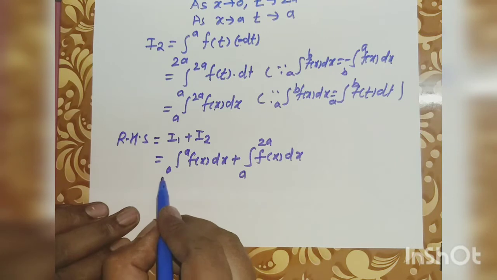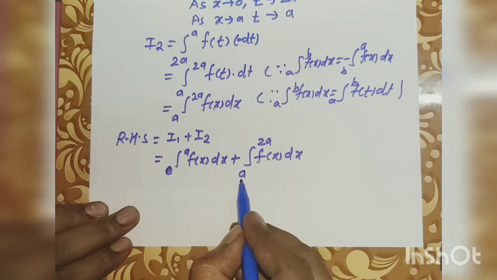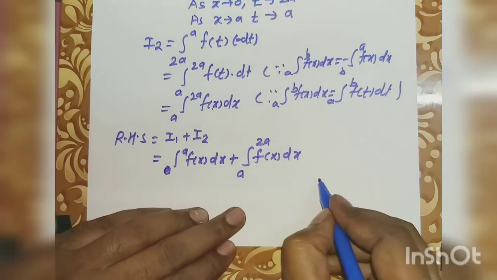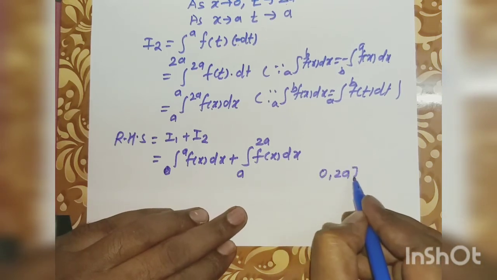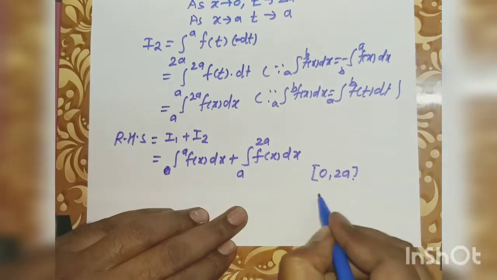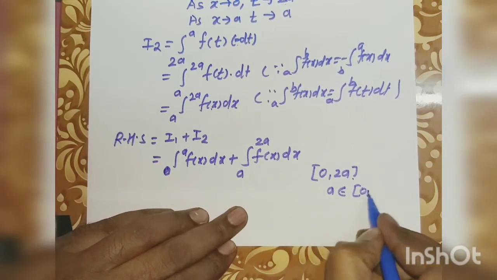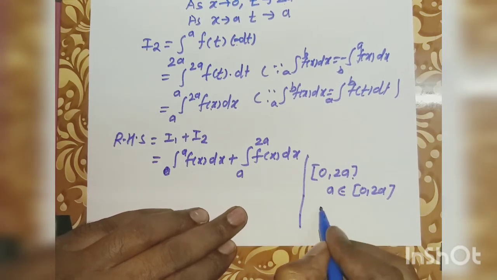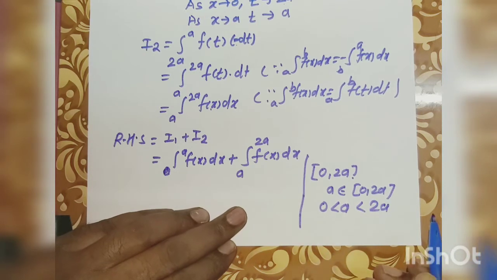Now here the limit of the first integral is 0 to a and the limit of the second integral is from a to 2a. That means 0 to 2a is the closed interval and a lies between 0 and 2a, that is 0 less than a less than 2a.